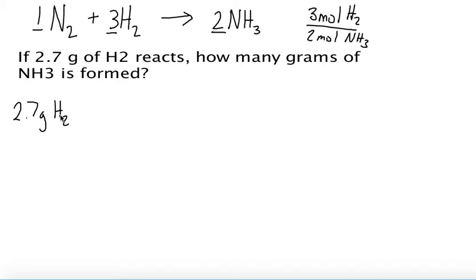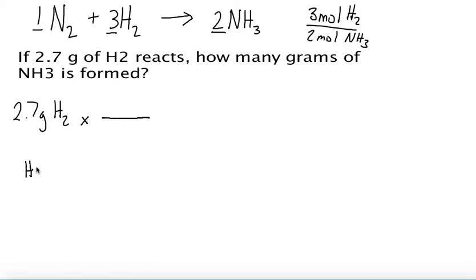So if we come back to this, my first step here is going to be, I want to convert this grams of H2 into moles of H2 using the molar mass. So my conversion factor is going to be the grams per mole. But now here it's H2 though, not just H by itself. So I have to figure out what is the mass of H2.